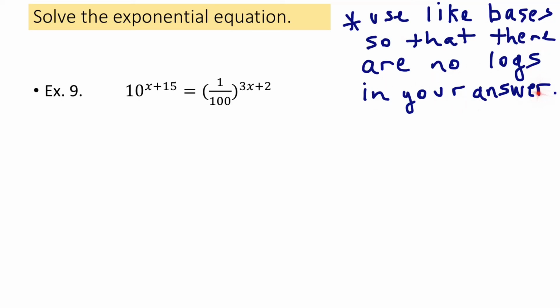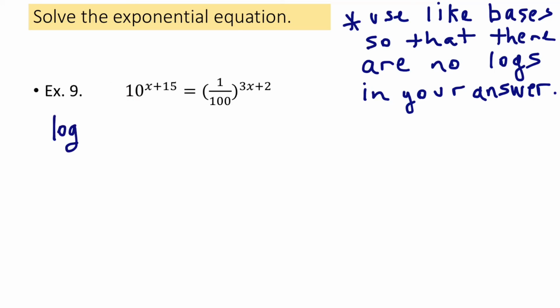All right, so I'm looking at my base here, 10, and my base here, 1/100. Now if I use log base 10, then I'll be able to get this 10 out of here on the first step. So we're going to use a log base 10 here.